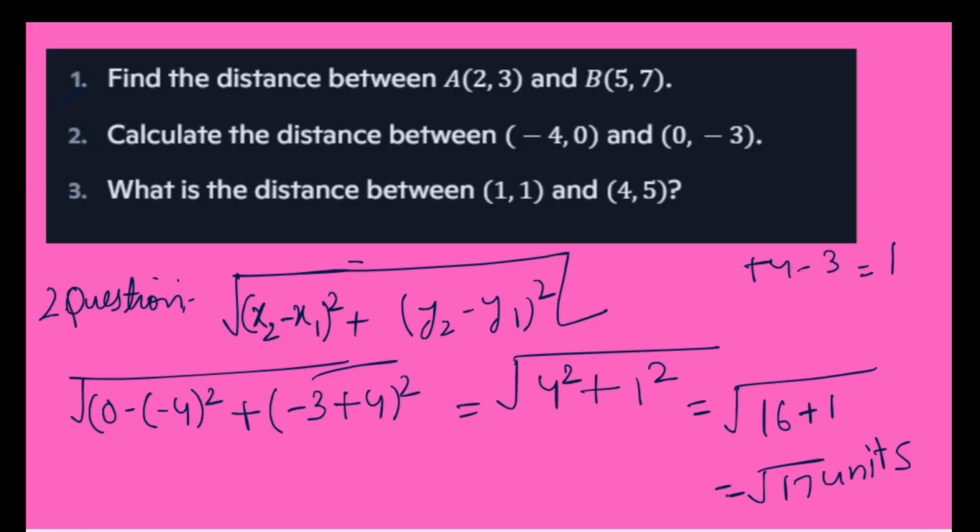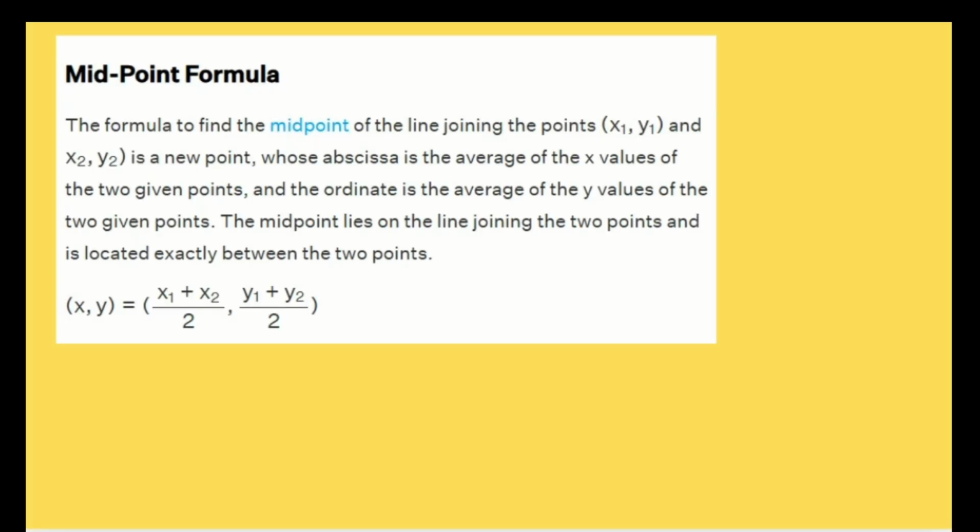Now moving further, midpoint formula. The formula to find the midpoint of the line joining the points x1, y1 and x2, y2. If you have some line segment and you have to find the midpoint which divides it into the same ratio, what is the formula?